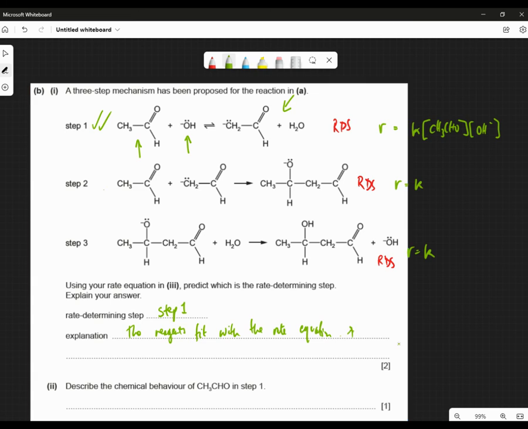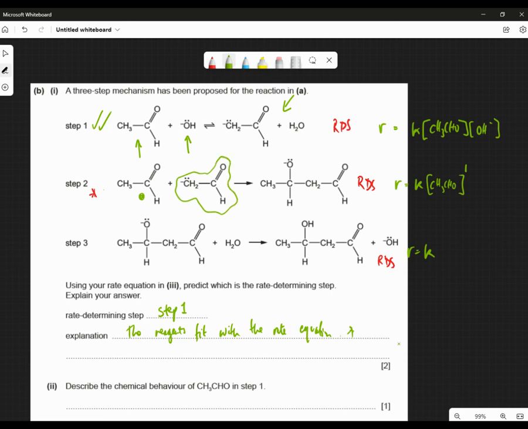All right, let's say it's number 2. What if it was this one, though? What would the rate equation be for this one? Well, this is a good exercise. If it was number 2, there's one of these here, so we have to put one of those in, CH3CHO, to the power 1. Now there's none of these, we haven't got any of those.